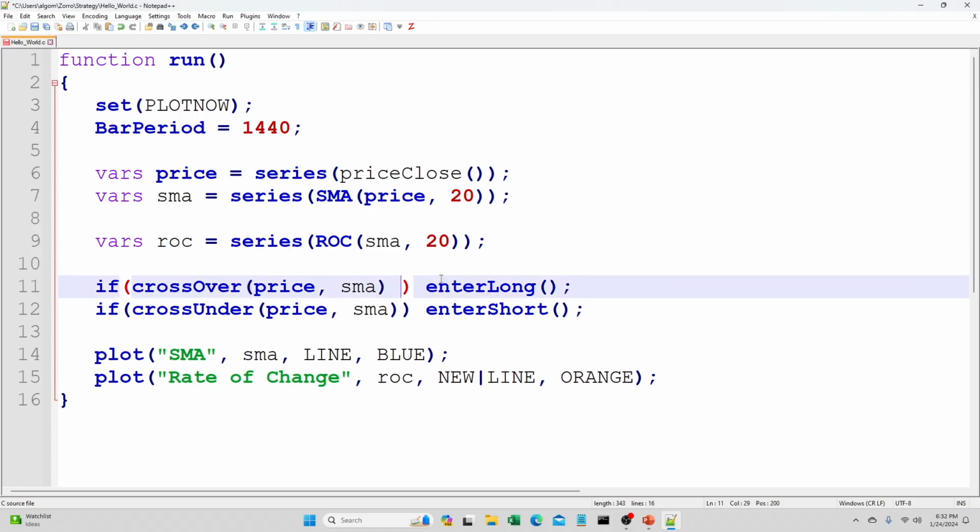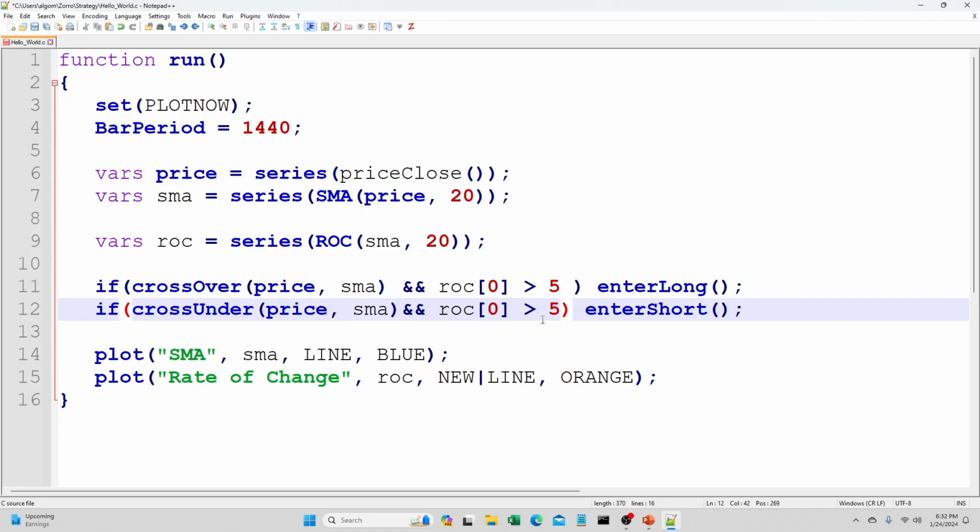So what I'm going to do is add here a condition that I want the rate of change today, index 0, right, to be greater than 5. I learned the number 5 from that graph, right? And conversely, when I want a short trade, I want the rate of change to be smaller than -5.